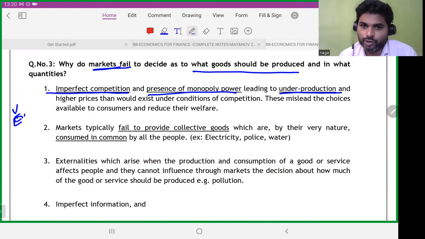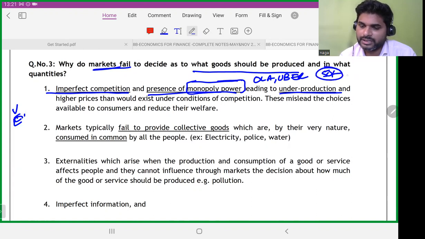So imperfect competition means demand and supply mismatch. There are not enough goods produced for the required demand. And presence of monopoly, for example, Ola and Uber. Earlier they used to give a ride at 50 rupees, say 4 years back.